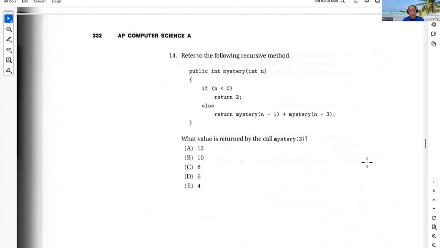Number 14, Maneni, your call. This one is a little bit like Fibonacci, okay? So Maneni, how to solve this problem?